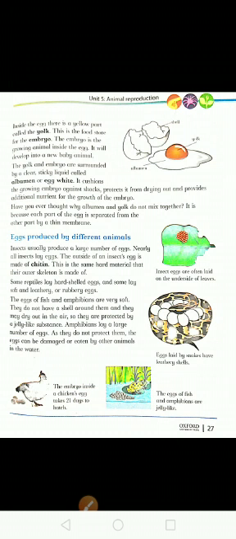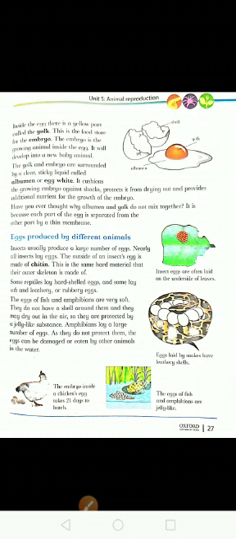Some reptiles lay hard-shelled eggs, and some lay soft and leathery or rubbery eggs. The eggs of fish and amphibians are very soft. They do not have a shell around them and they may dry out in the air.